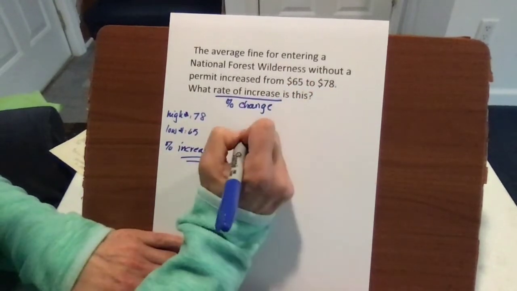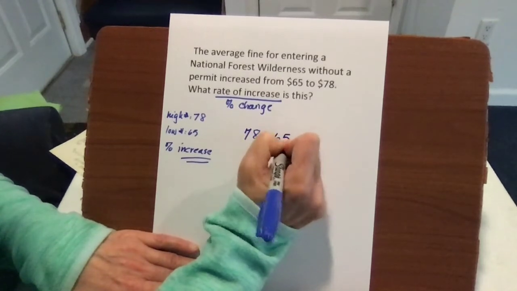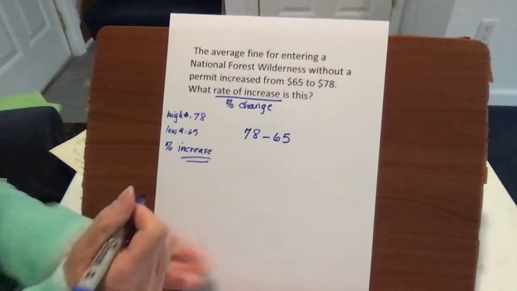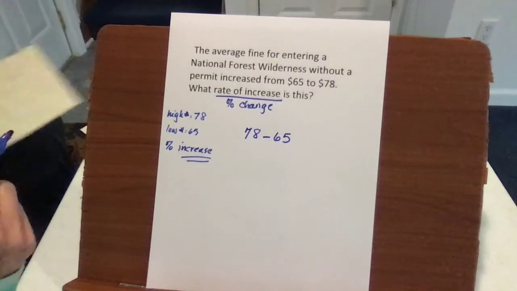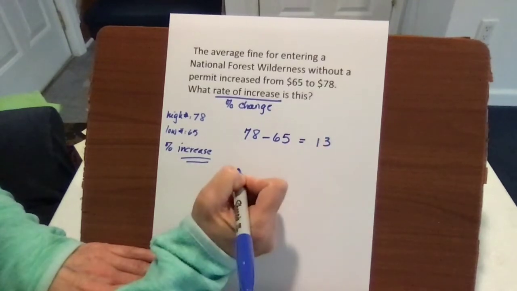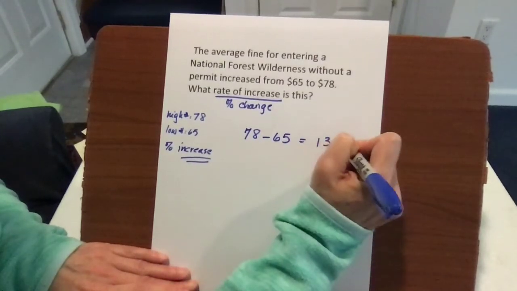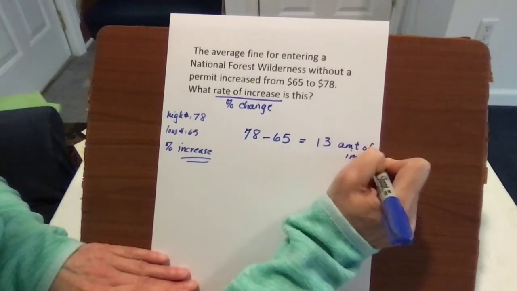Well, how much did it increase? Well, 78 minus 65. Always the high number minus the low number. Okay, and 78 minus 65 is going to give us $13. So this is the amount of increase. It's not the percent.